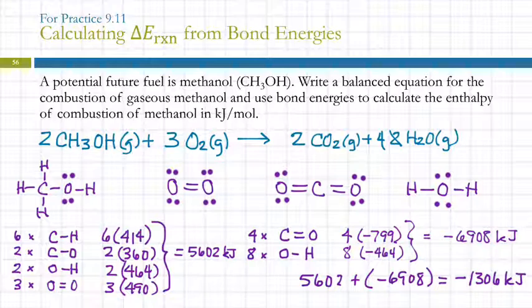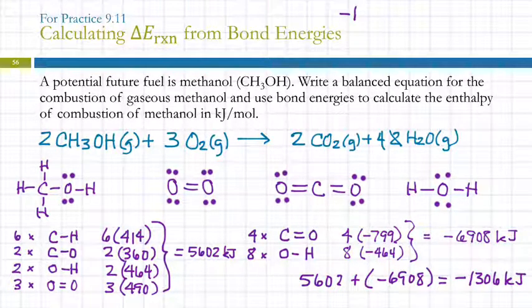What does the question want? Combustion of methanol in kilojoules per mole, kilojoules per 1 mole. This much energy came from 2 moles of methanol. We have to divide by 2.